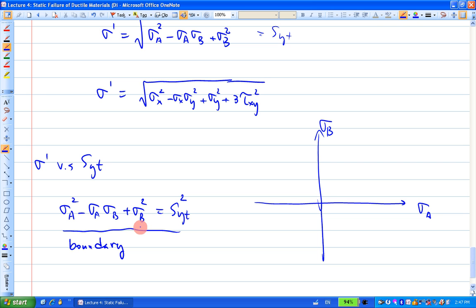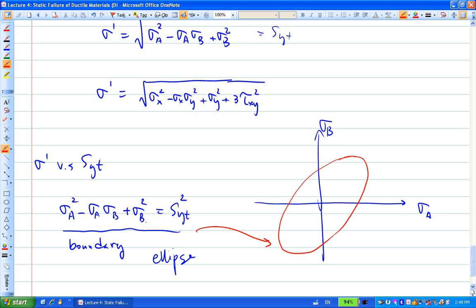Fortunately, we don't have to plug in points, because from a mathematical point of view, we know this is an equation representing an ellipse. And this is an inclined ellipse. What you see is an ellipse looking like a tilted egg, and this is the boundary describing this equation right here.